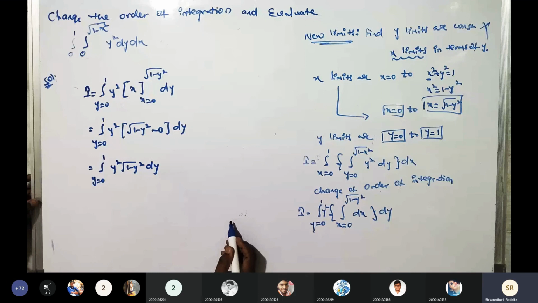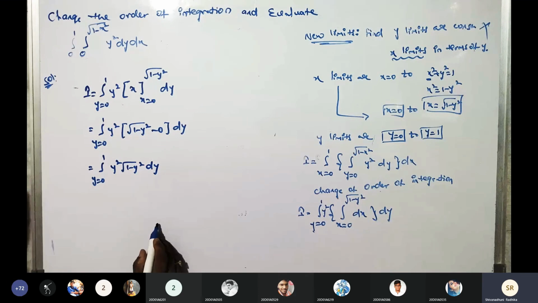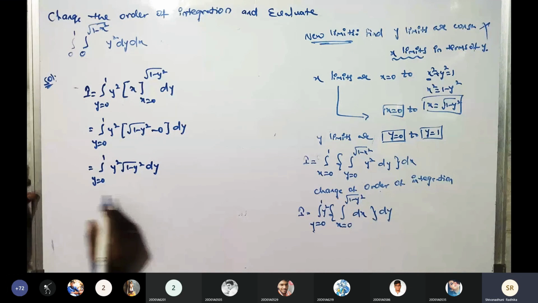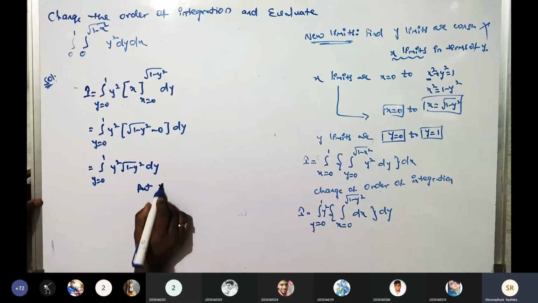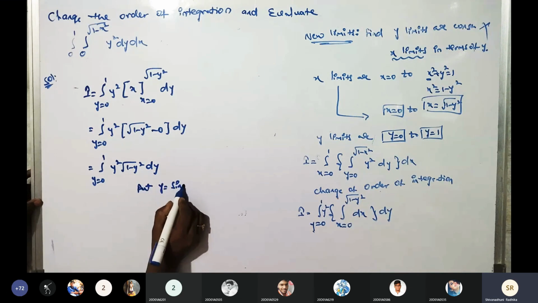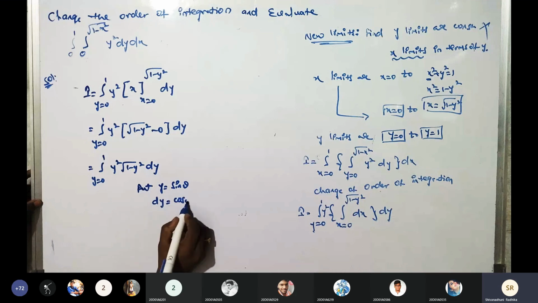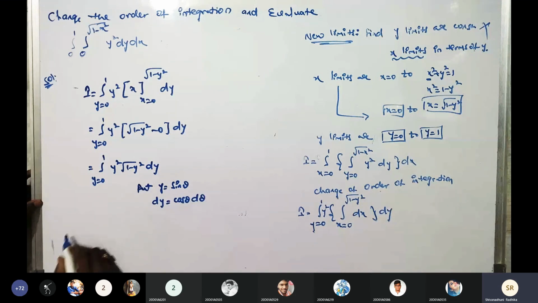Here we are getting a lengthy integration procedure. So for that purpose, I am going to use a substitution method. What does the substitution method mean? I am going to change the Cartesian into polar coordinates. So by substitution, put y equals sine theta. So dy equals cos theta d theta. Is it clear?